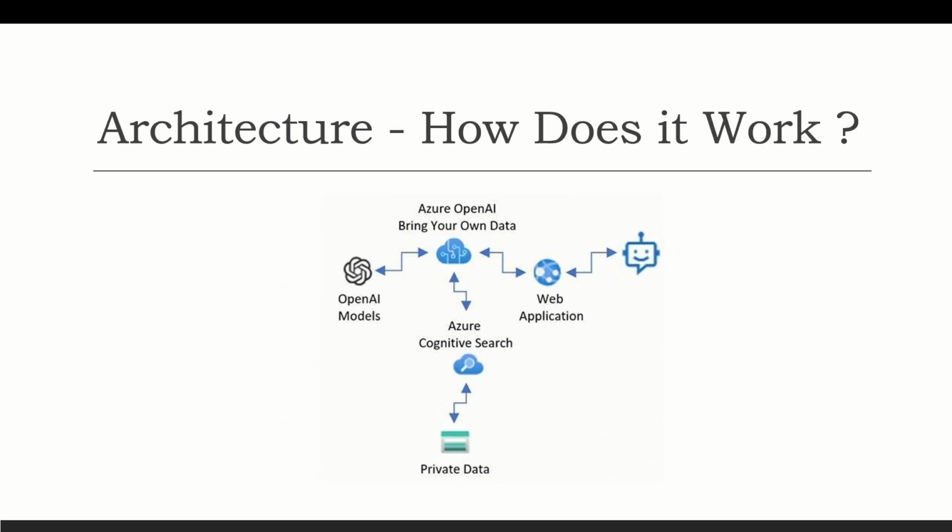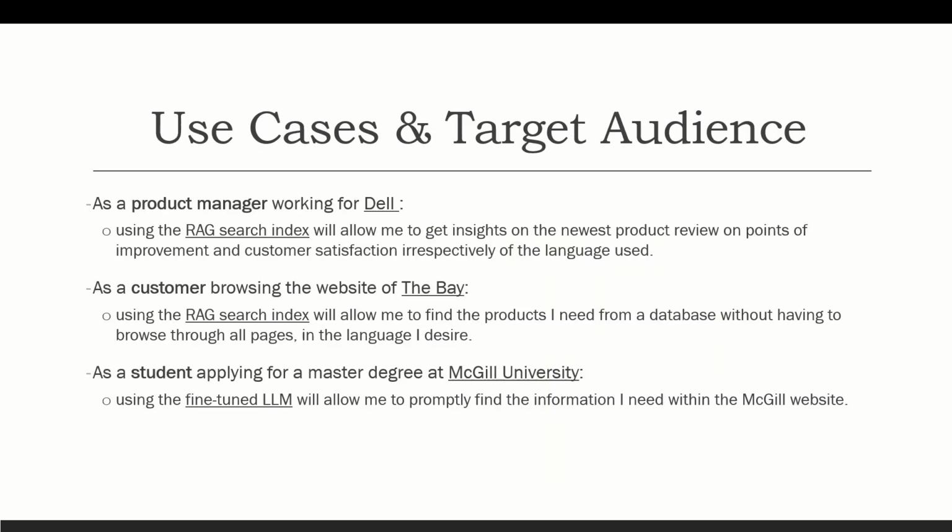For this demo, as we said, we will be leveraging Azure AI Search services as well as ChatGPT 4.0 to demonstrate some use cases of RAG in retail. The first use case will be for a product manager working for Dell to get some insight into product reviews and increase product quality.